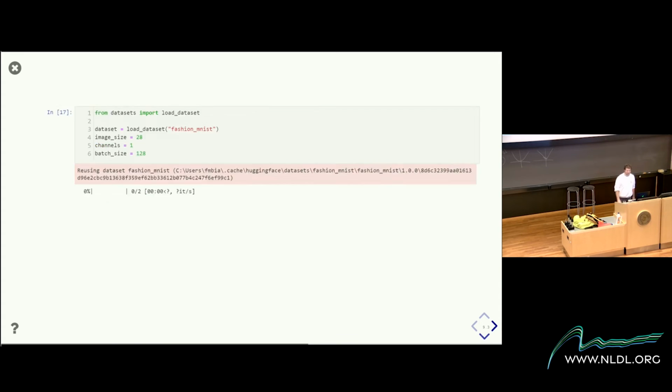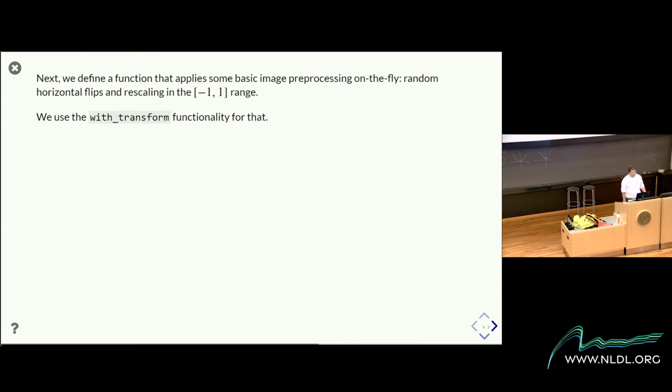Here is just a utility function that applies some basic image preprocessing on the fly: random horizontal flips and rescaling to the range -1 to 1. Rescaling in this range is necessary when we are passing input to the neural network. The random flip helps a bit to prevent overfitting, but again, it's not the key point here.